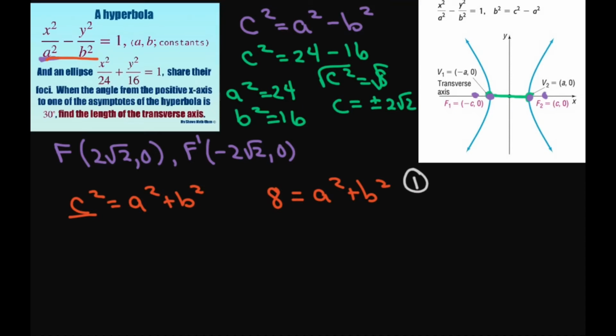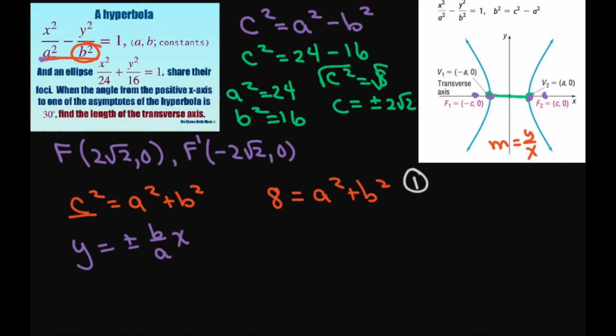Now, the equations of the asymptotes are y equals plus or minus b divided by a times x. Your slope is always rise over run, so I'm just pulling off the b and dividing by a here.